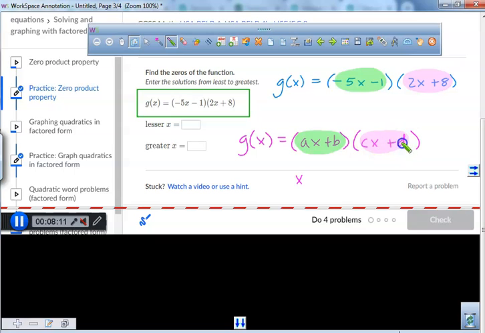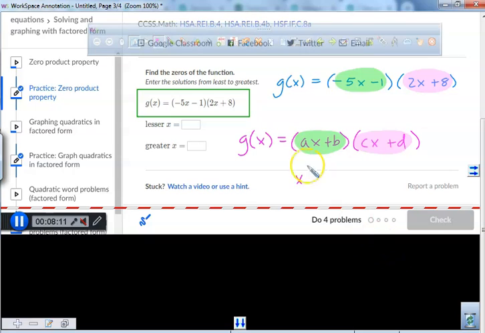In the green one, x would equal the negative b value over the a value. On this one, if I wanted to find this one, it would be the negative d value over the c value. And that's what I do in my head a lot of times.